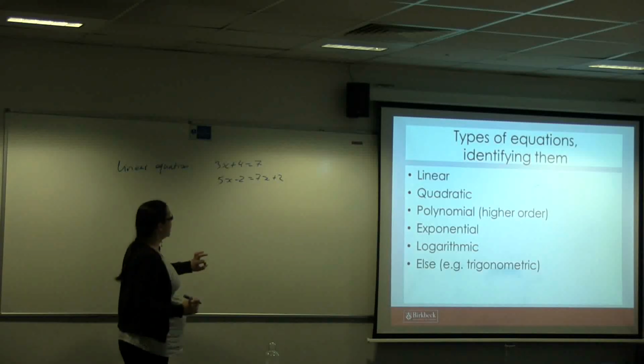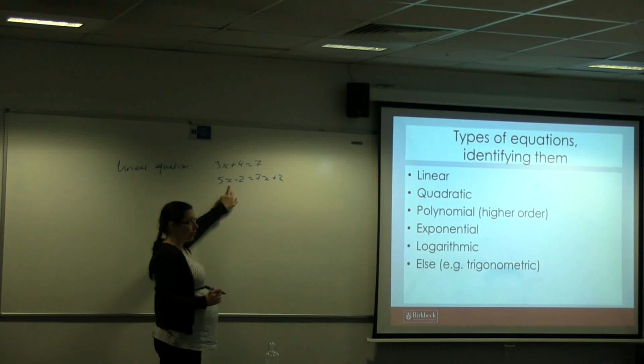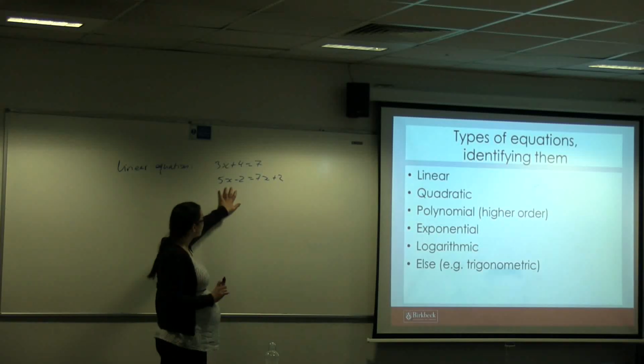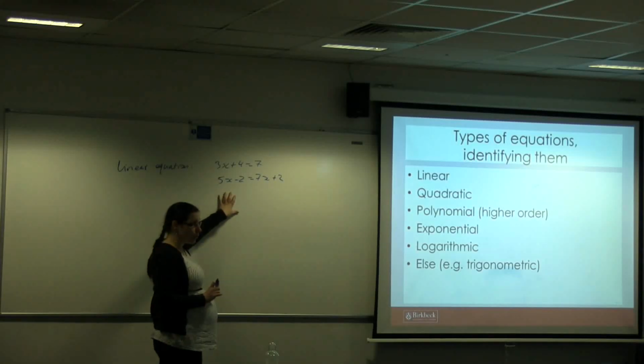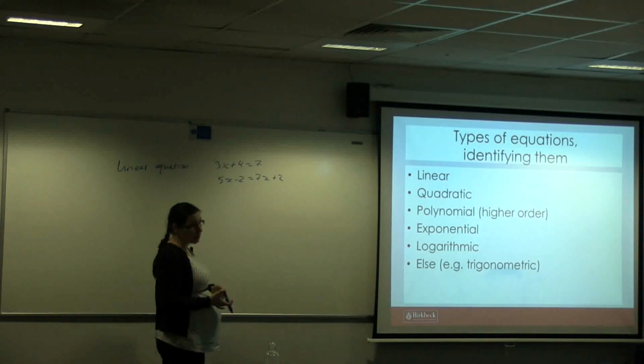The importance here is that you only have x as the variable, and x is just to the first power. It's not squared, it's not a root, nothing whatsoever. It's just on its own. So whenever I would like to draw this equation, represent it as a function, I would be able to draw a linear line, and that's why we call it a linear equation.